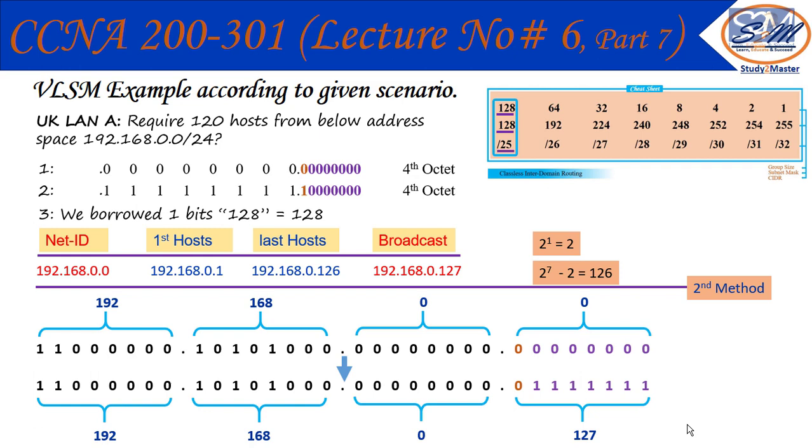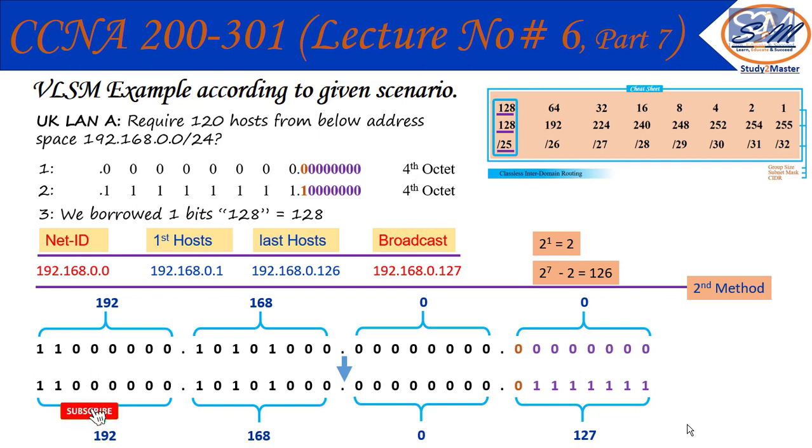The first usable address in the first network is 192.168.0.1. The last usable address is 192.168.0.126, one less than the broadcast IP address. The broadcast address is 192.168.0.127.